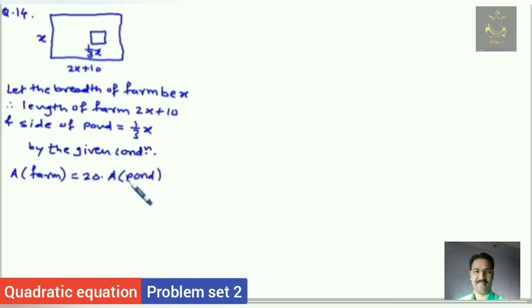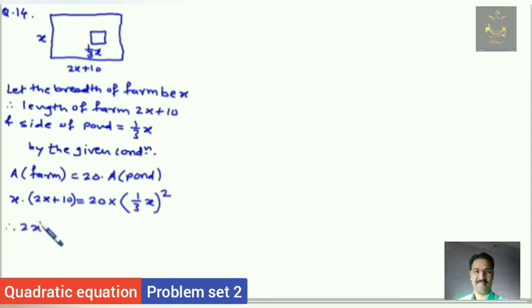We know area of farm is length into breadth and area of pond is square of side. So here we can write breadth, which is x, into length, which is twice of x plus 10, equals 20 into area of pond, the side is 1 upon 3x, that is squared, because area of square is side square. So just try to simplify this one.